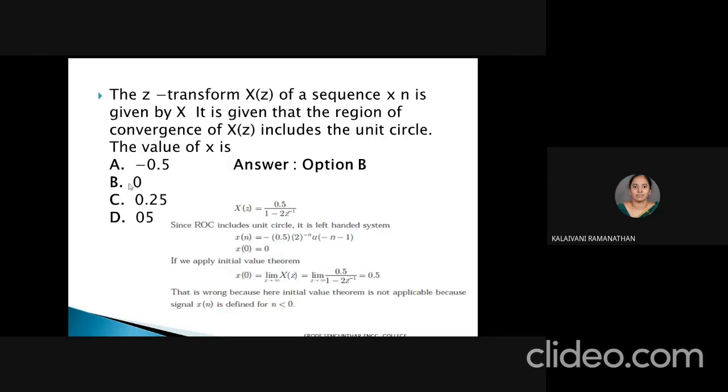So you have to choose option B as the correct answer, because in this case you have u of minus n minus 1, which will be in the range less than or equal to minus 1. So you have to choose the option as B.